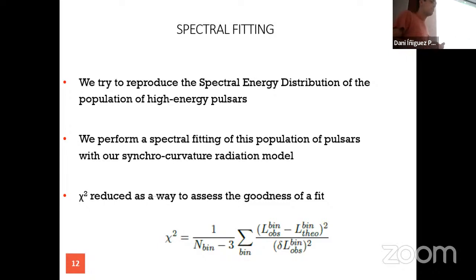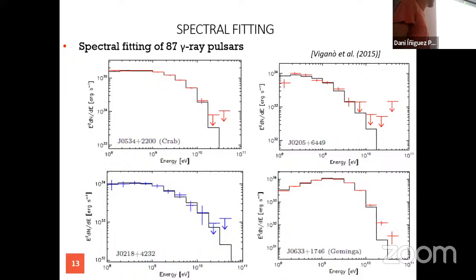In order to assess how good the fit is, what we do is to consider the statistical reduced chi-square, in which this is the observational luminosity and this is the error of the observational luminosity, and this one is the theoretical luminosity produced by our model.